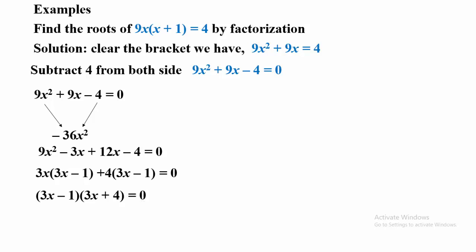At this point, it's either 3x minus 1 is equal to 0 or 3x plus 4 is equal to 0. If 3x minus 1 is equal to 0, then 3x is equal to 1. Or if 3x plus 4 is equal to 0, it means 3x is equal to minus 4.